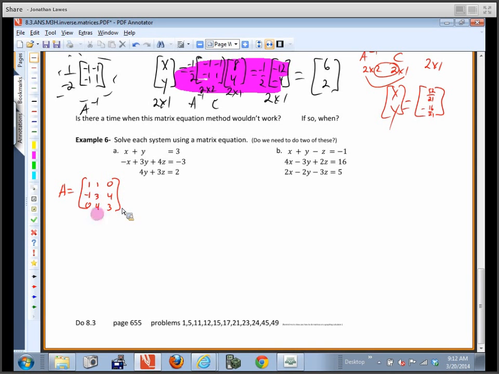The nice thing about that, finding the determinant and finding the minors is going to be a heck of a lot easier, right? Okay, and the matrix C is 3, negative 3, 2. No shortcut to this, so let's go ahead and find what A inverse is. 1 over the determinant, so we'll figure out what that is.